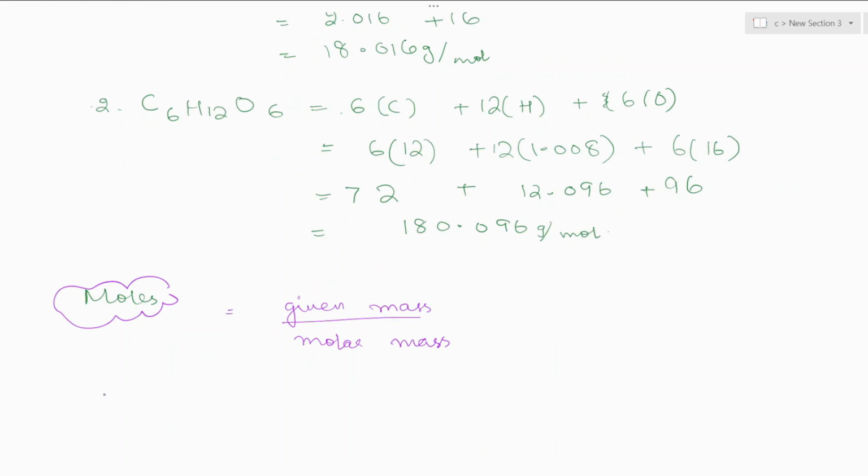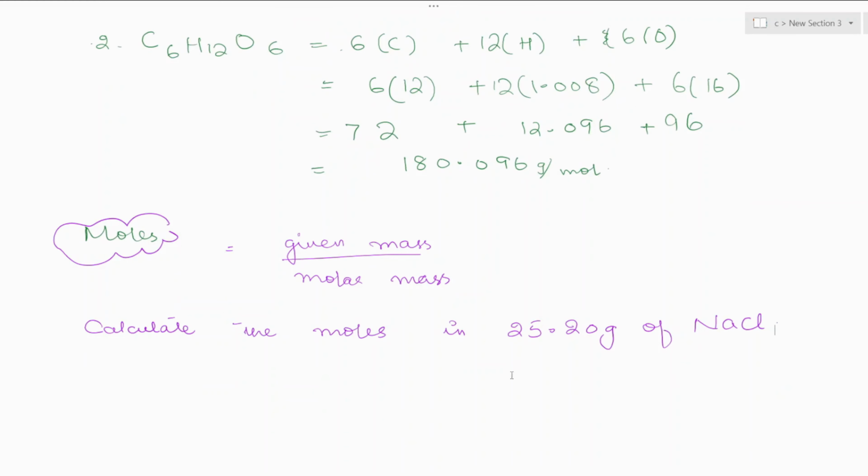Calculate the moles in 25.20 grams of NaCl. Okay. So the given mass is 25.20 gram, right? Yes.